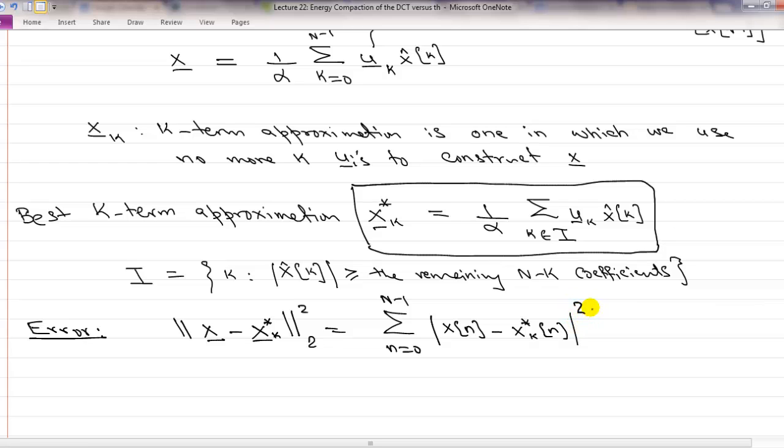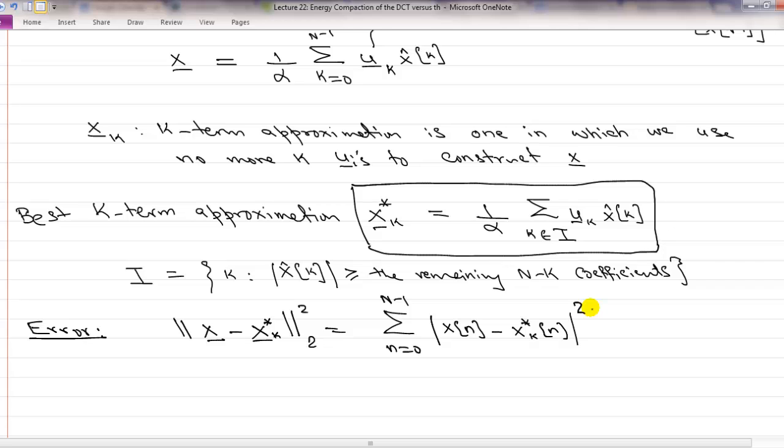So if your transform is good, if your u was good, then this error will be really small for reasonable values of k. Or for the same value of k, if you have a transform for which this error is smaller than another transform, then that transform is better than the one which gives you a larger error. Okay.